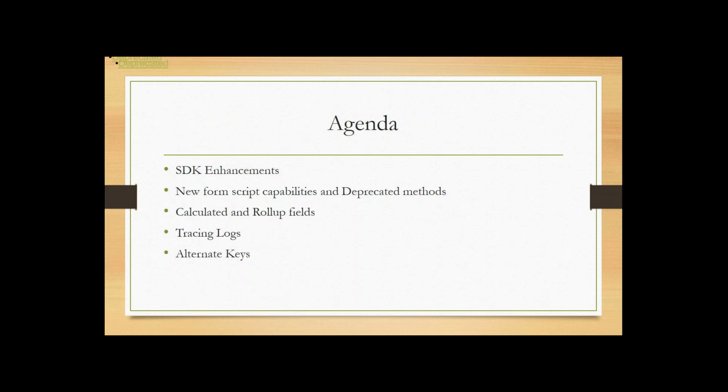Today's agenda for the technical deep dive is SDK enhancement, where we will talk about the new features of the CRM 2015 Update 1: new form script capability and deprecated methods, calculated and roll-up fields in detail, how to trace a log, and alternate keys in detail.